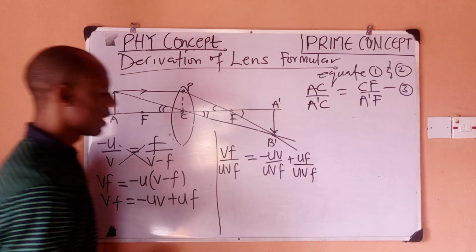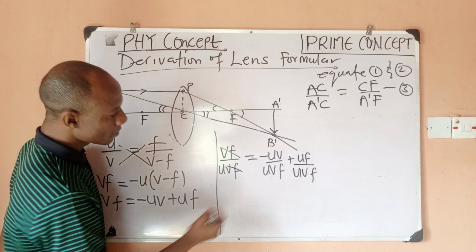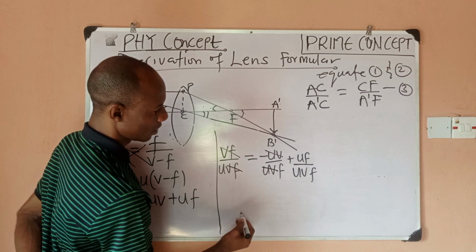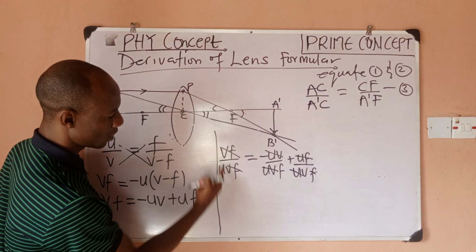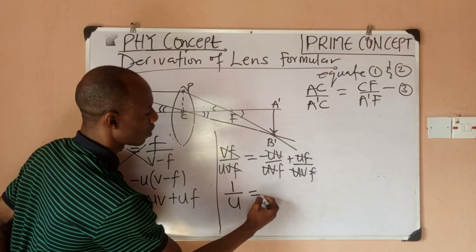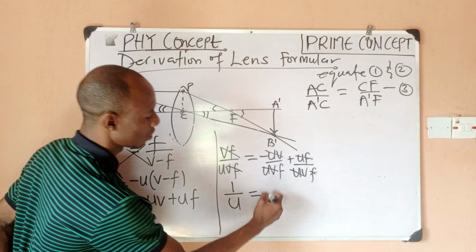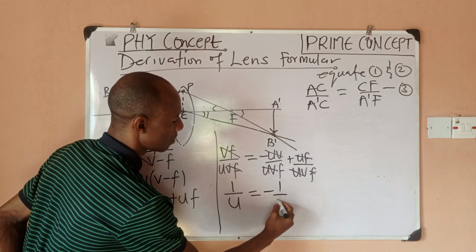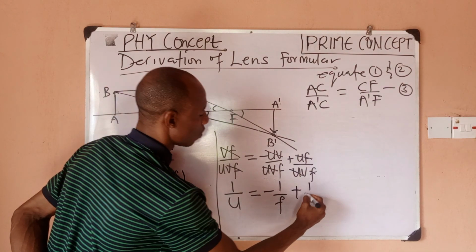So this would cancel this, UV would cancel this, UF would cancel this. So on this side, what am I left with? I'm left with 1 by U equal to, on this side, remember, there's a negative here, so I'm left with negative 1 by F. Then on this side, I'm left with plus 1 by V.